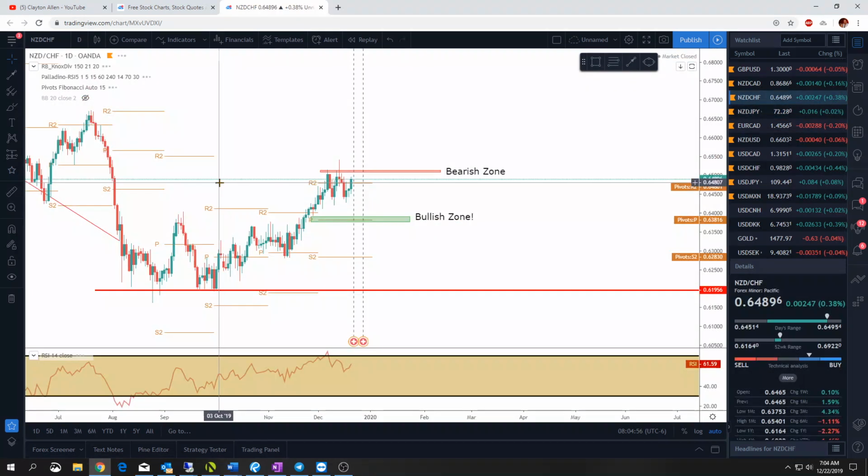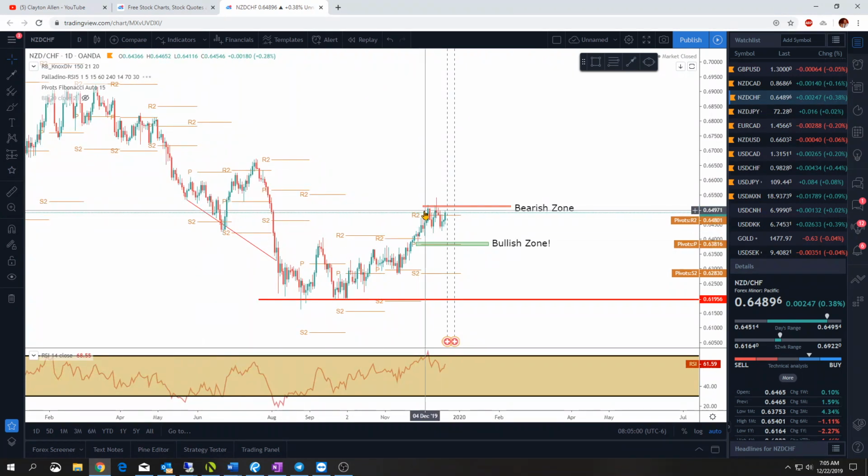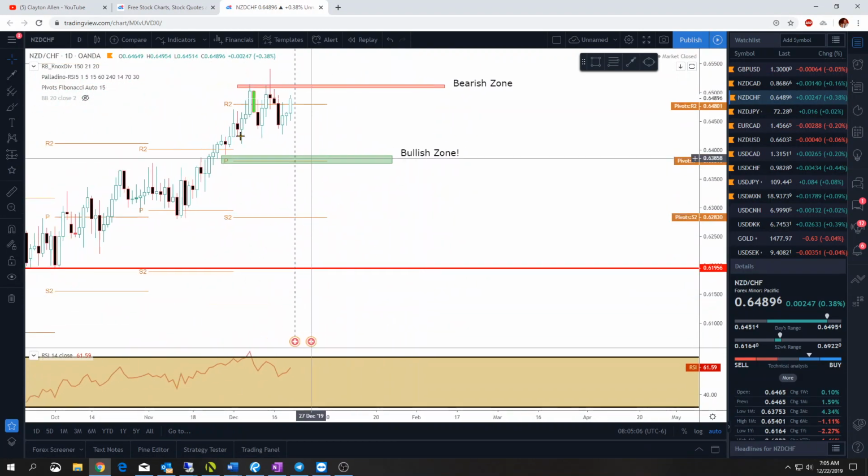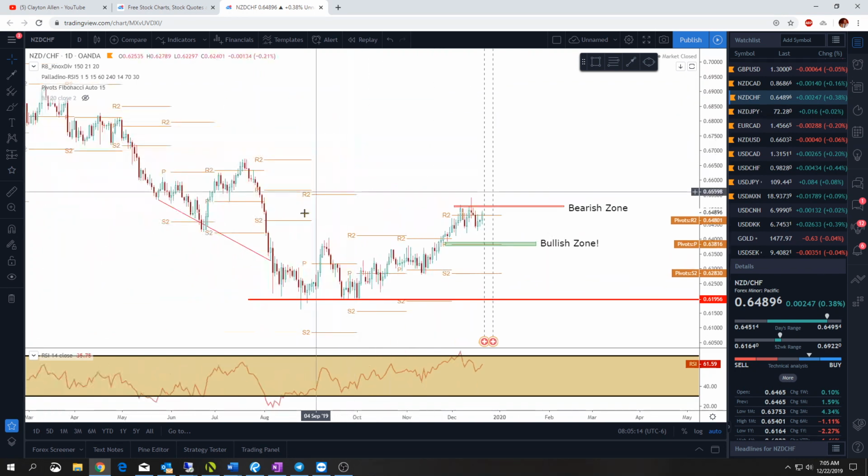Okay, New Zealand dollar, Swiss franc, kind of the same thing here, but we saw price start to consolidate on R2 last week. I'm bearish if price gets back up here, starts respecting this newly formed resistance. One thing to be cautious of is, it's already broken this support.